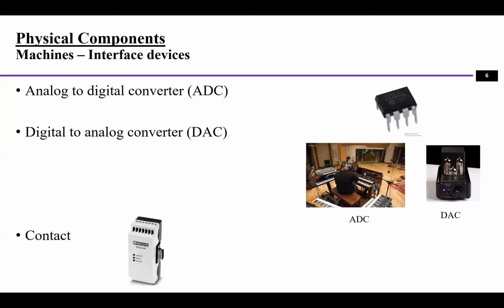Another type of device will be interface devices. Interface devices convert the information from signals to digital numbers, then from digital numbers back to signals as well. And that's why we need those interface devices. From analog to digital means we collect the information from electrical signals, right?